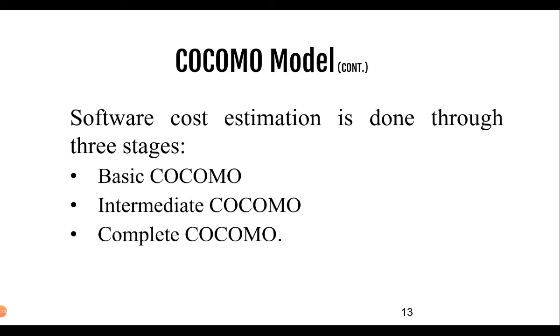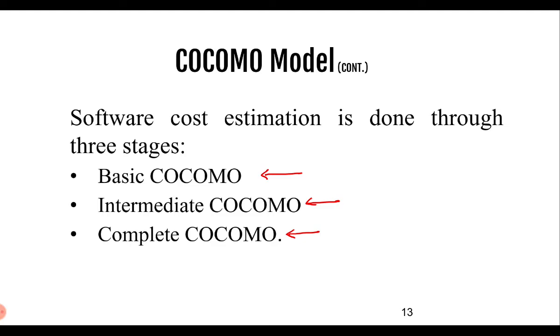The COCOMO model is implemented using three parameters: the basic COCOMO, the intermediate COCOMO, and the complete COCOMO. So whatever be the scenario, generally we use the first two, the basic COCOMO and intermediate COCOMO, because those are sufficient in order to implement the cost.